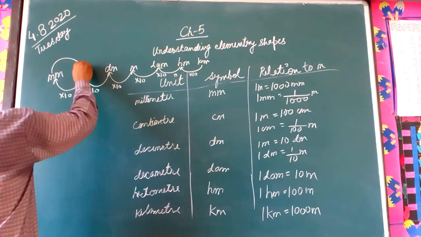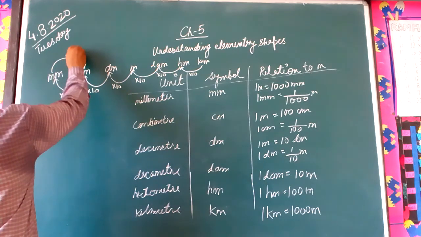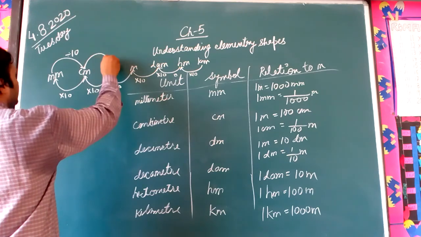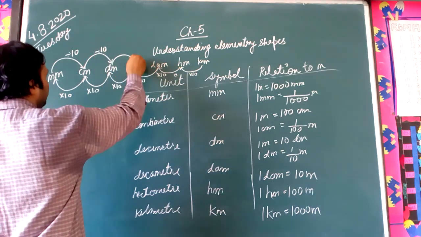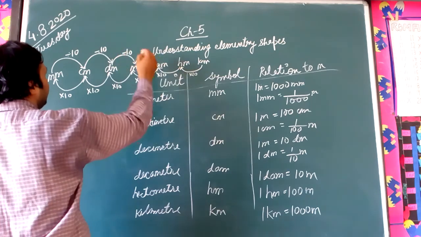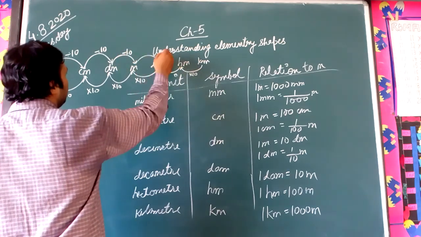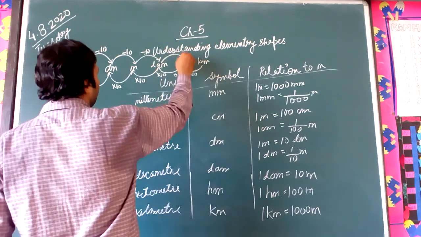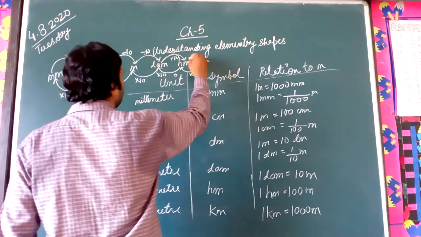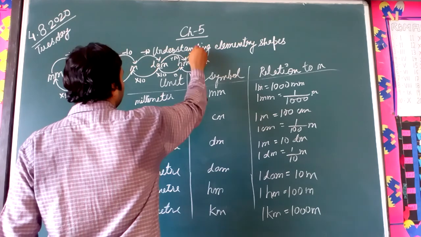If you want to convert in the other direction, you have to divide by 10. dm into meter, you have to divide by how much? 10. Meter to dam, divide by 10. dam to hm, divide by 10, and hm to km, divide by 10.